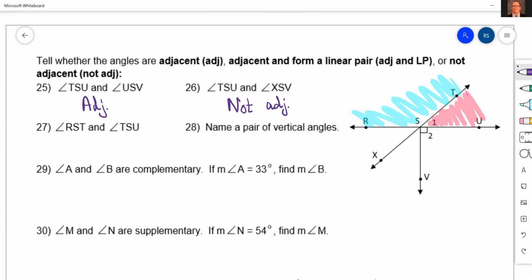Yep. RSU is all in a line. So these are adjacent and a linear pair. Or you can write, I think I should write it like this. LP.